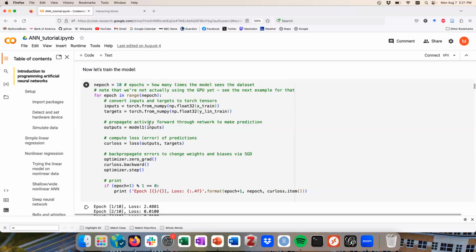And so here then is our training loop for this. So we're going to set some number of epochs. So this is some number of times we're going to show the model all the data. And then we're going to loop through that number of epochs. And each time we're just going to turn our input data, our X's and our Y's, into values that PyTorch recognizes as tensors, so it doesn't like NumPy arrays and doesn't implicitly convert them.